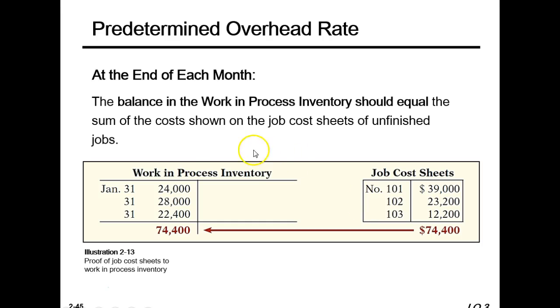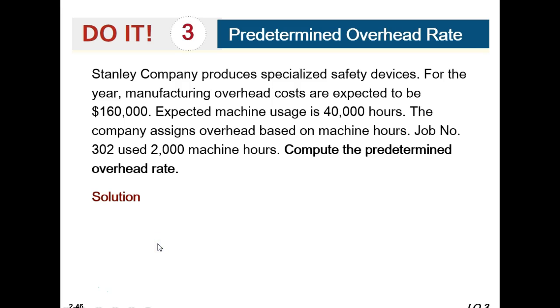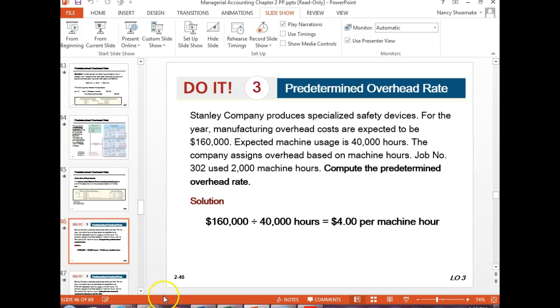So as you see here, the balance in the work in process inventory should equal all the job sheet costs. So we've got a way in which we know how to balance it. The costs for jobs 101, 102, and 103 that we're working on, those $74,400 should all be a part of WIP, work in process. So let's take a moment here and look at a problem.